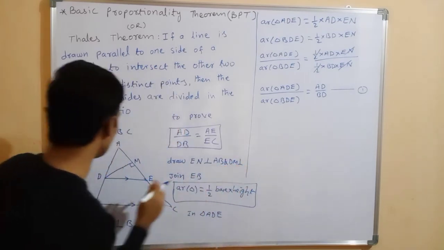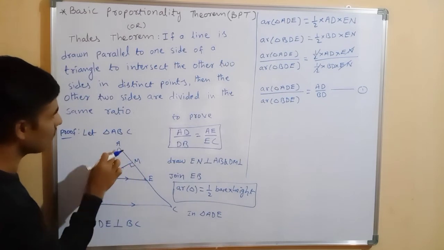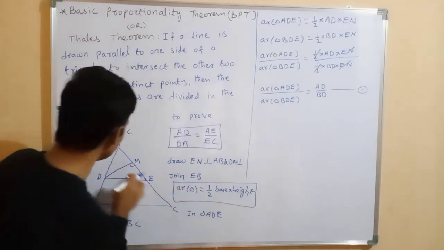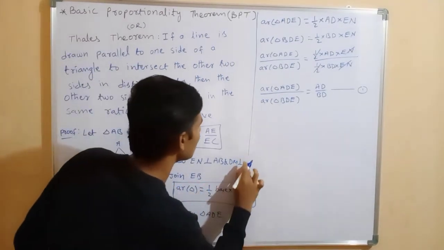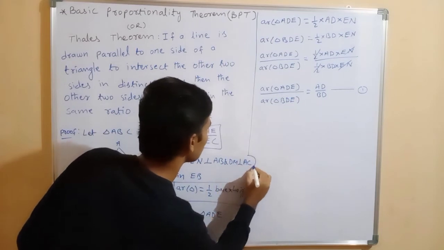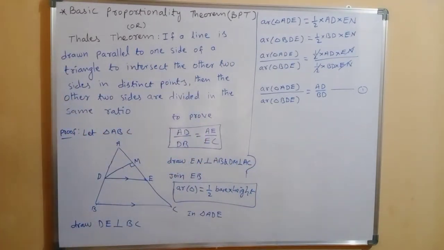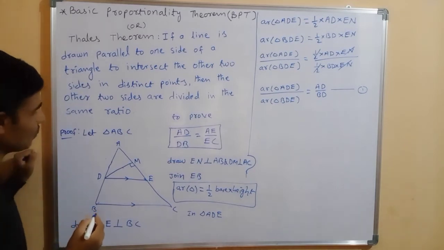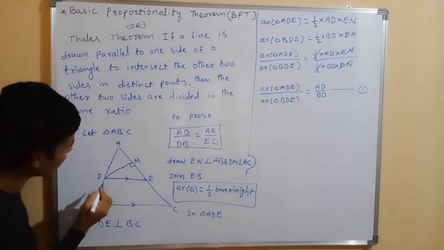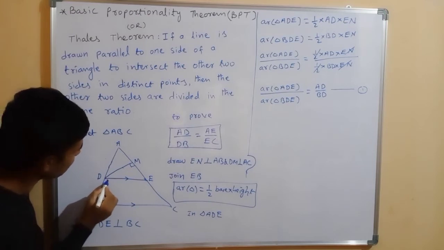DM perpendicular to AC. Next, join these two points, D and C. Join DC.